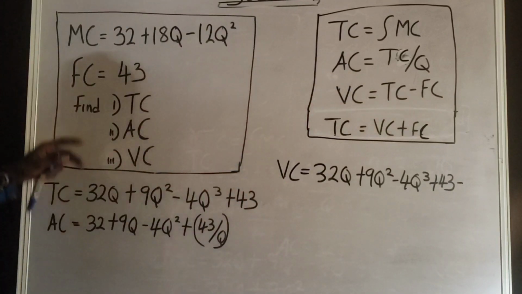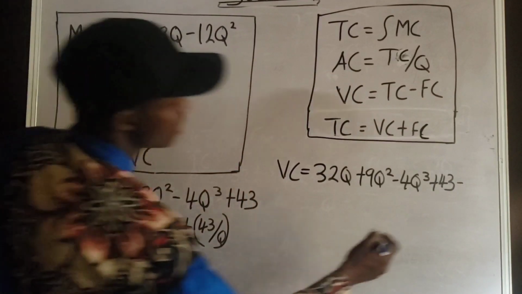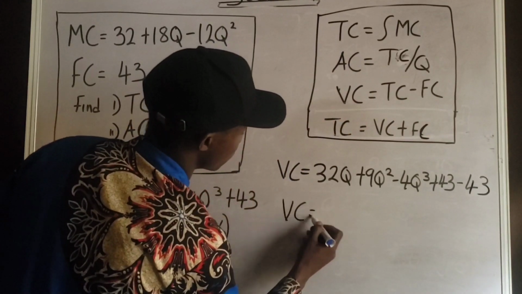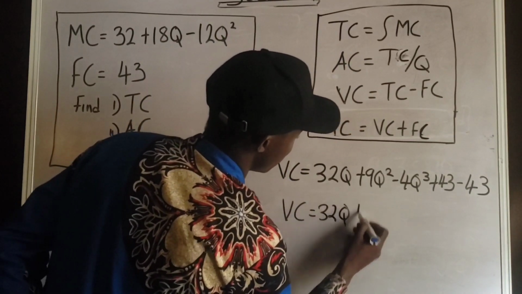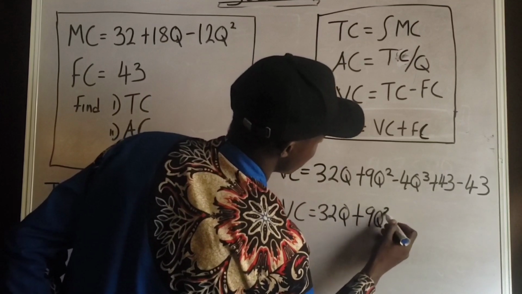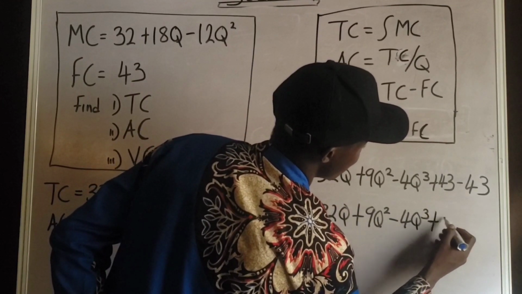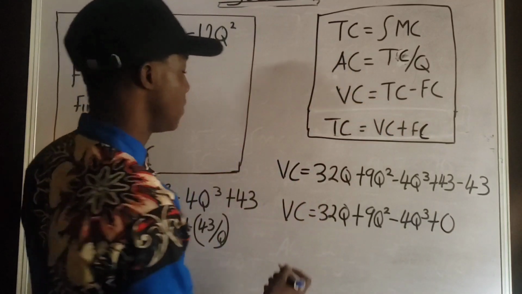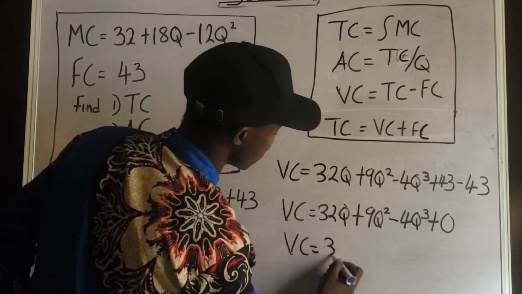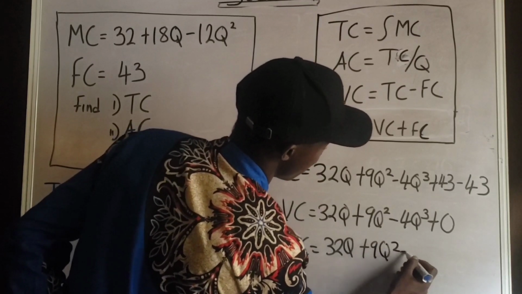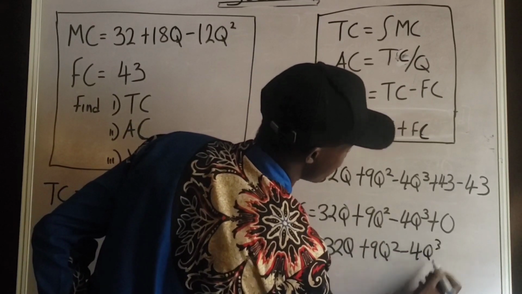What's the fixed cost? The fixed cost is 43, so this is minus 43. So the variable cost is equal to 32q plus 9q raised to the power of 2 minus 4q raised to the power of 3 plus 0. So in that case, the variable cost is 32q plus 9q raised to the power of 2 minus 4q raised to the power of 3.